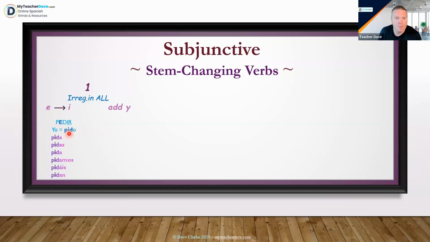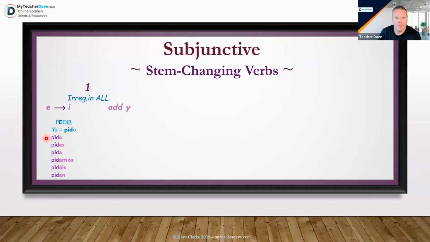where it's actually conjugated. The brilliant thing is here, all we have to do is follow our little 3 steps again, as we would normally do. We cut off our O, that would give us pid. We can see that it's an IR verb, so the opposite endings apply here, which are going to be our AR endings. So that's brilliant. And we said here that this irregularity goes right throughout the whole verb.